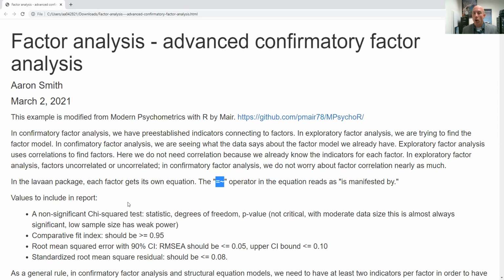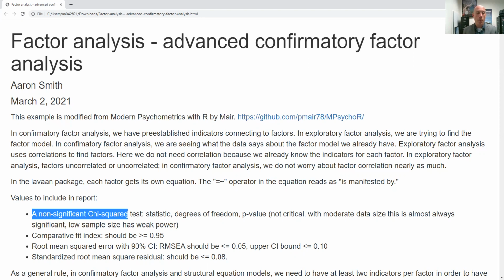All right, so when we talk about confirmatory factor analysis, there are some things we need to include. And these are standards that have already been established in the literature. So what we want first and foremost is a non-significant chi-square test. Okay, so why do I say non-significant? All right, so here we are doing a lack of fit test. And so if we have a small p-value, that means that there is a lack of fit.